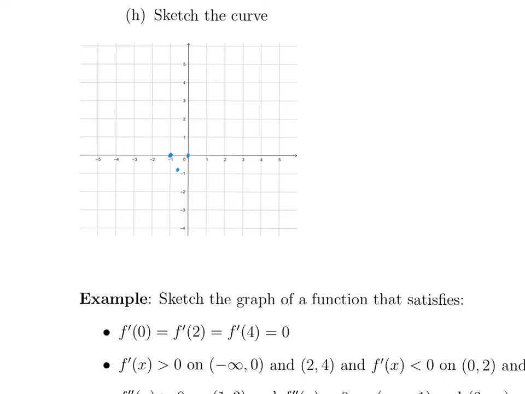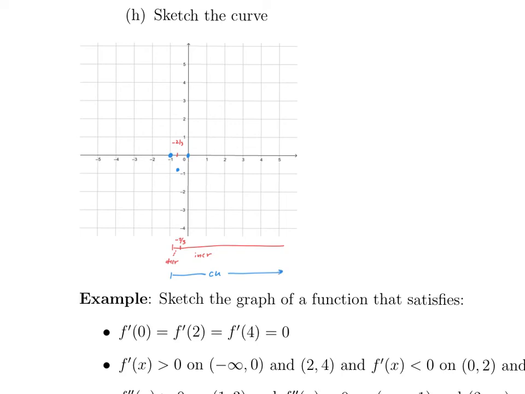And then we can think in terms of intervals of increase and decrease. What we saw is, because we have a local minimum at minus 2/3, we're going to be decreasing till we hit minus 2/3, and then increasing after. We also saw that we were concave upward on the entire domain.